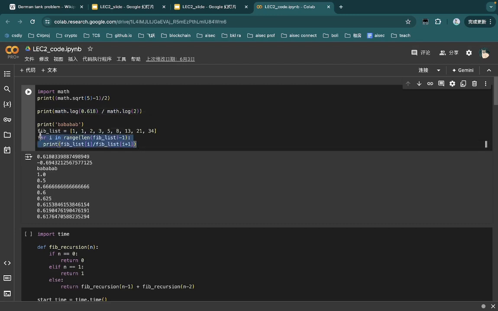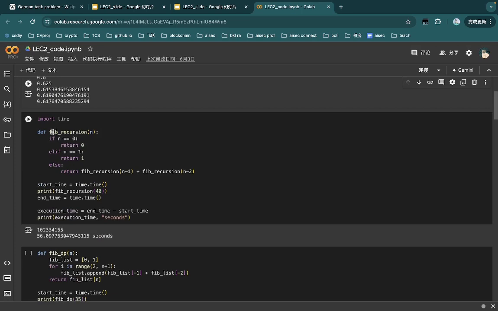I'm showing you that an element in the Fibonacci sequence divided by the next one is equal to 0.618, maybe 1 divided by the golden ratio. I'm showing you something like the limit, right? It's becoming closer and closer to 0.618. This is something called a limit in calculus.